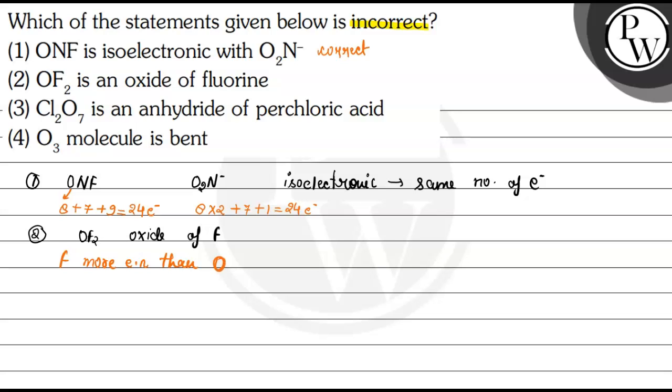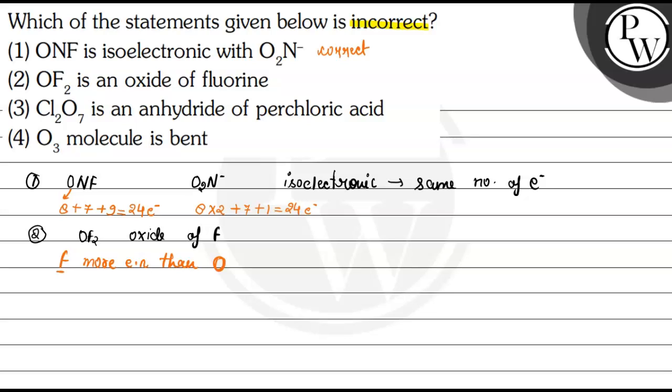Always, the oxide or fluoride is named with respect to the more electronegative species, and here fluorine is more electronegative. That's why we don't say that OF2 is an oxide of fluorine.